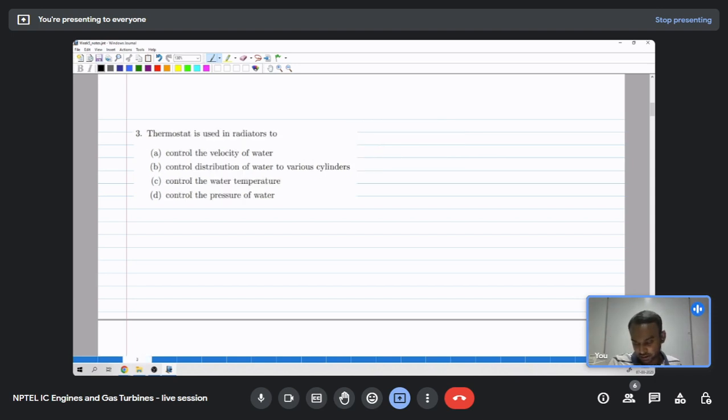A thermostat is used in radiators to control the velocity of water, control distribution of water to various cylinders, control the water temperature, or control the pressure of water. Can anyone answer this?